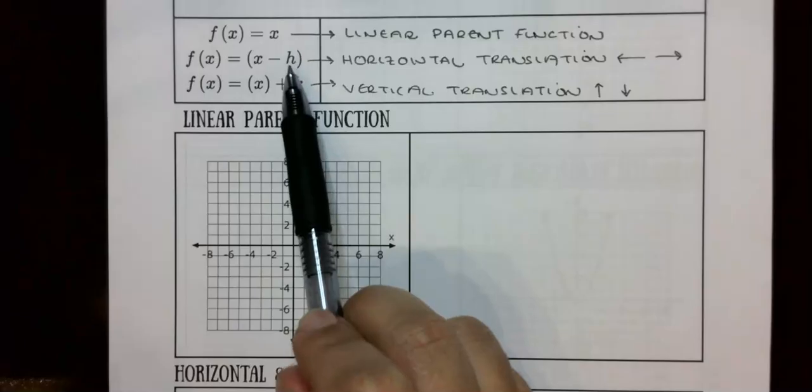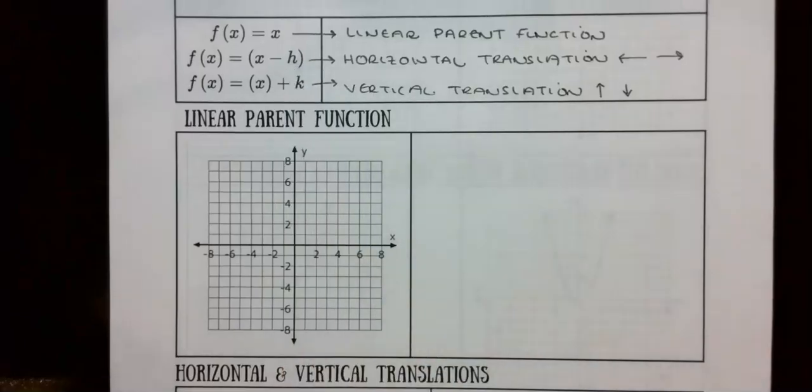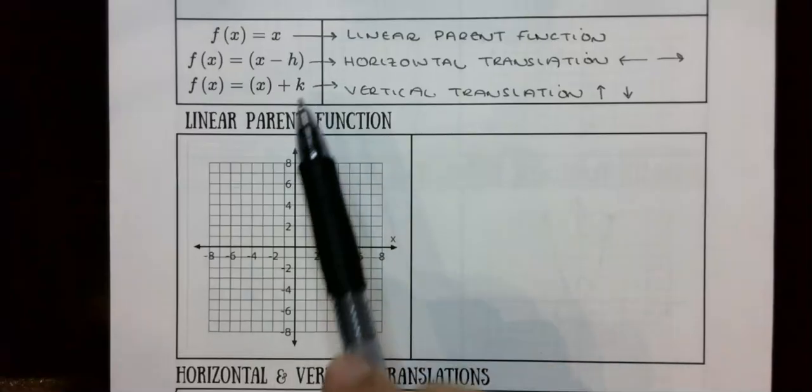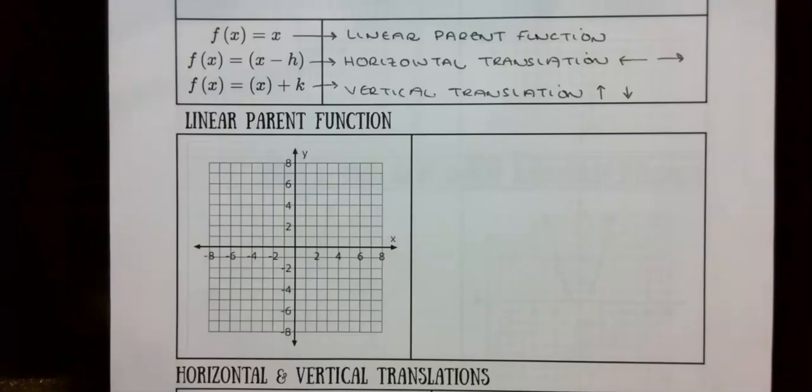Now, this h right here represents a horizontal translation. Notice that it's inside of the parentheses with the x, and that's going to tell us whether the line is going to be shifted to the left or shifted to the right a certain number of units. Notice that the one down here at the bottom, we have a k. That k is not located inside the parentheses, it's on the outside, and that k represents if we're going to take our graph and shift it up or shift it down and how many units.